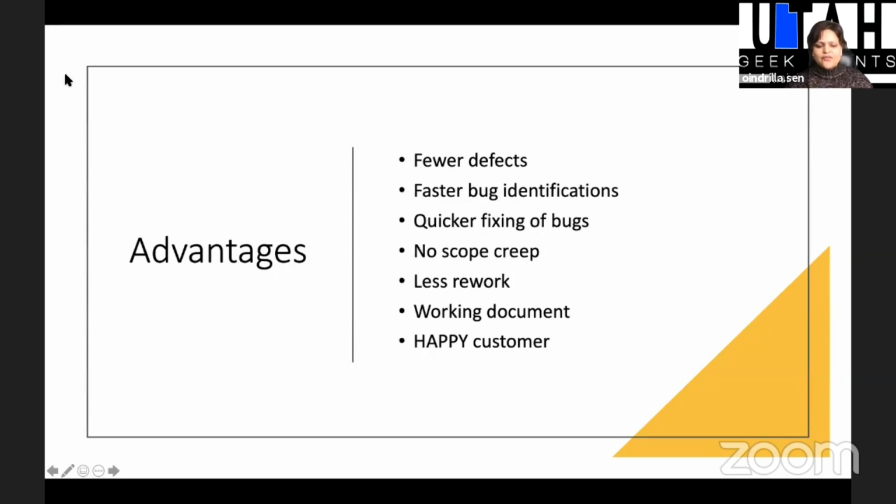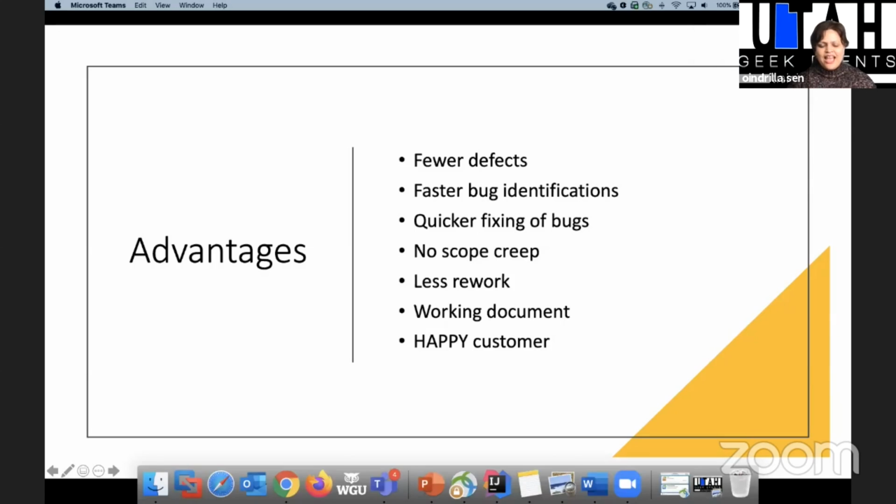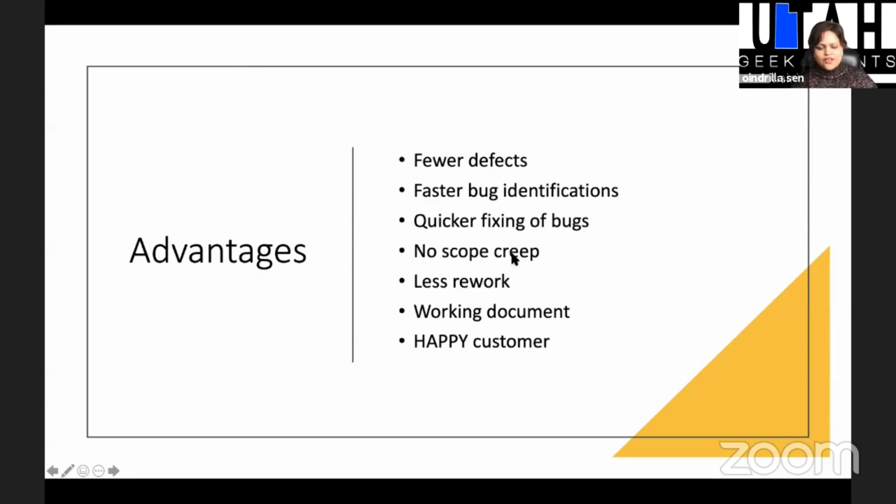Some of the biggest advantages of using a BDD approach for your project development is definitely fewer defects. And then you have faster bug identification. You have quicker fixing of bugs because, as I mentioned, the moment you have something which is not working as expected, quickly go back and talk to your project managers and make sure that he's aware if there's a scope creep.